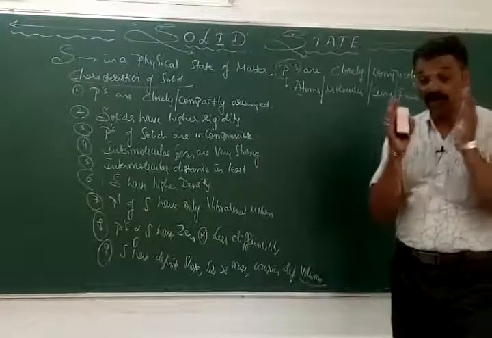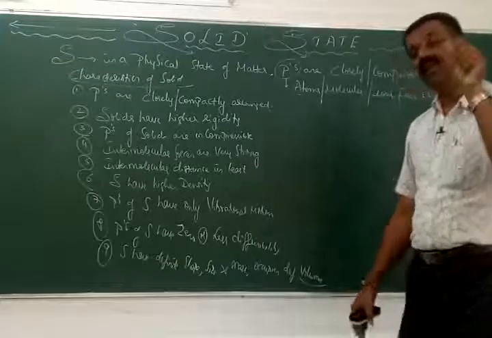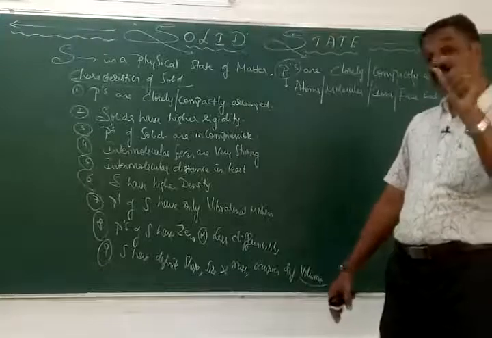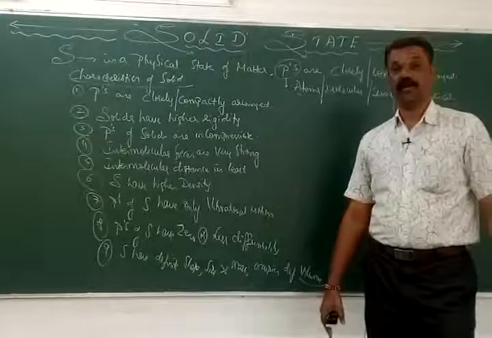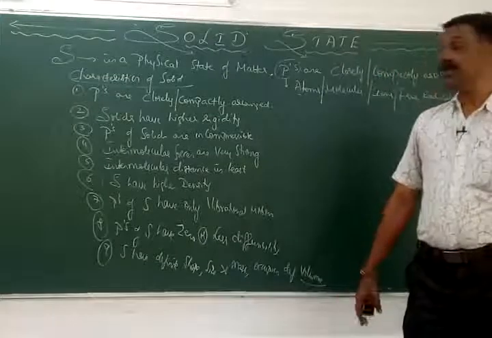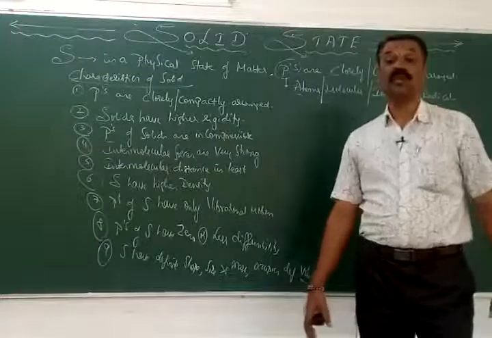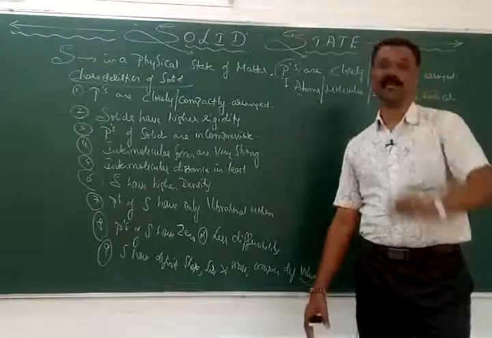Then, as the particles are very close and compact, solids are non-compressible, or have some less compressibility if they are amorphous in nature. Usually perfect solids are incompressible, whereas pseudo solids, usually amorphous solids, have some less compression.